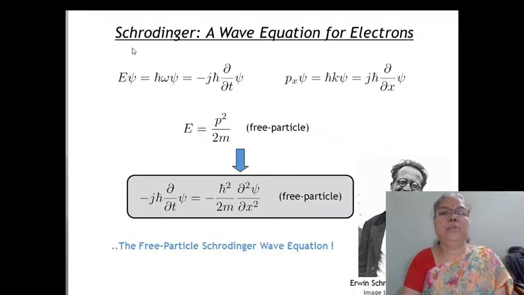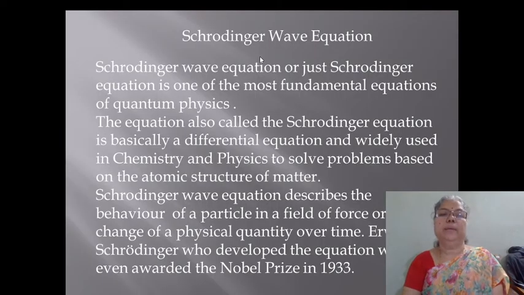Today's topic is the Schrodinger wave equation for electrons. This is the mathematical equation of Schrodinger. Then I will explain what the Schrodinger wave equation is.